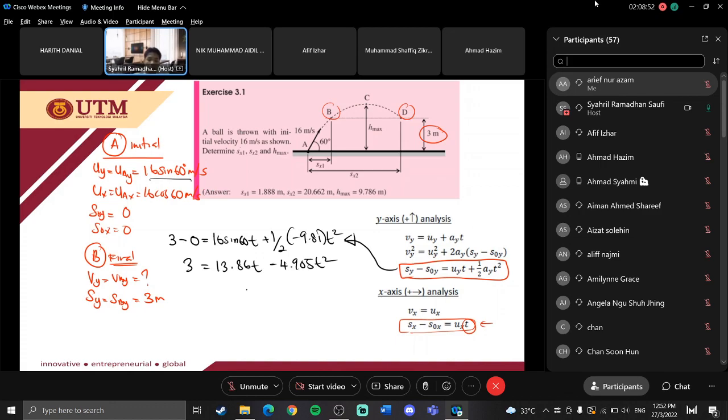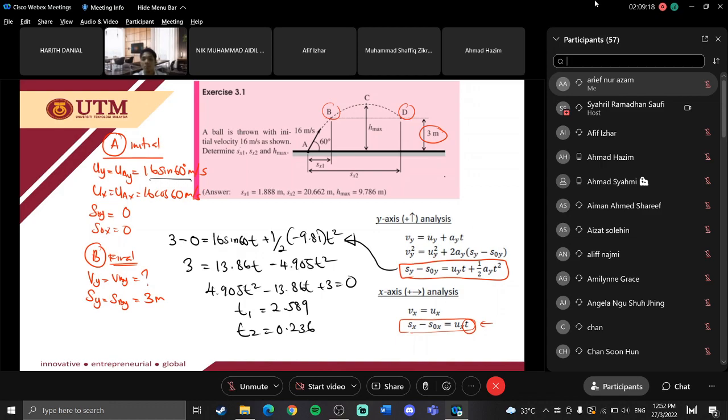So you just do the rearrangement: 4.905 t squared minus 13.860 t plus 3 equal to 0. Then the time here is T1 equal to 2.589 and T2 equal to 0.236.